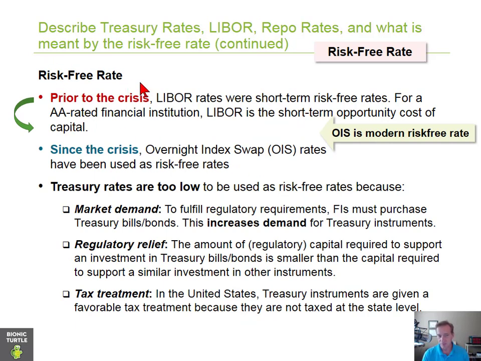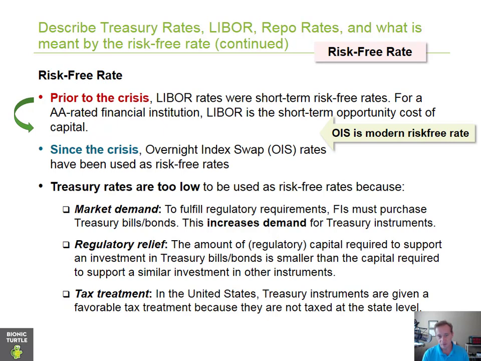We have this notion of the risk-free rate, and really since the crisis, there's been a lot of literature and studies devoted to this concept of what is the risk-free rate, how do we measure it? Prior to the crisis, the LIBOR rate was used for the short-term risk-free rate, and that's a double A-rated financial institution borrowing rate, again unsecured.